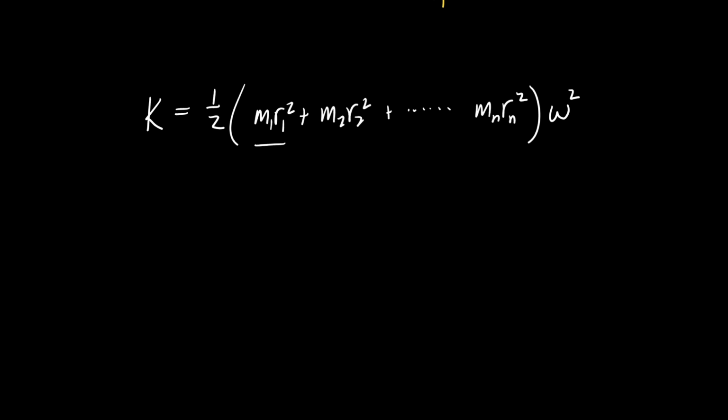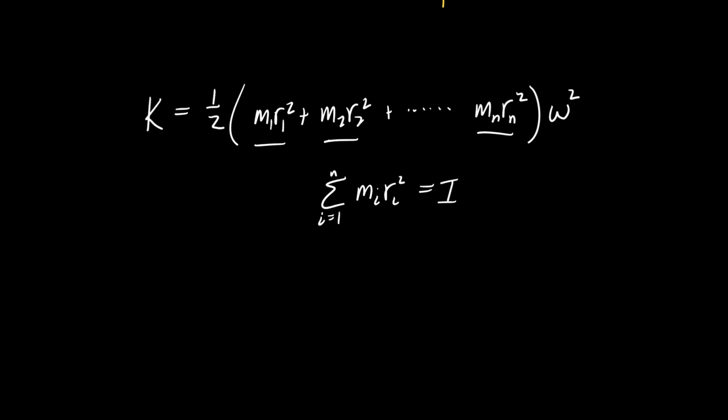Do these look familiar to you? I would write this as the summation of m_i r_i squared, starting with piece 1 and ending with the last piece. We have a name for this. We called this the moment of inertia. Good job.